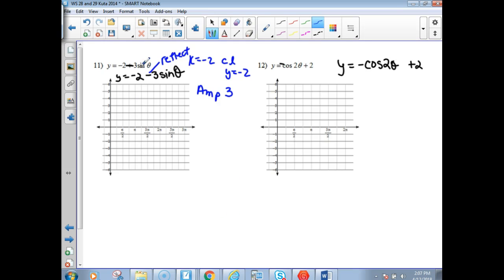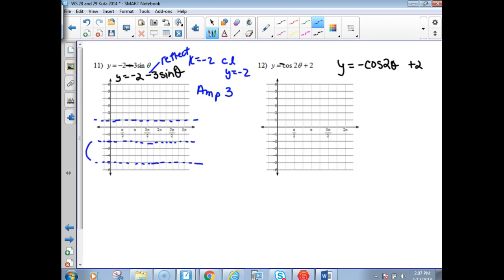Okay, so if your center line is at -2, I'm going to dash that in, and your amplitude is 3, then you have to go 1, 2, 3 above there, so we're going to stay between y is 1, and then down from the center line 1, 2, 3, to -5.